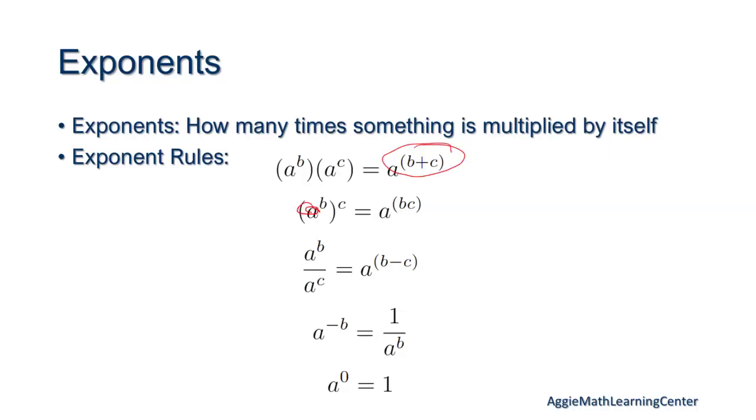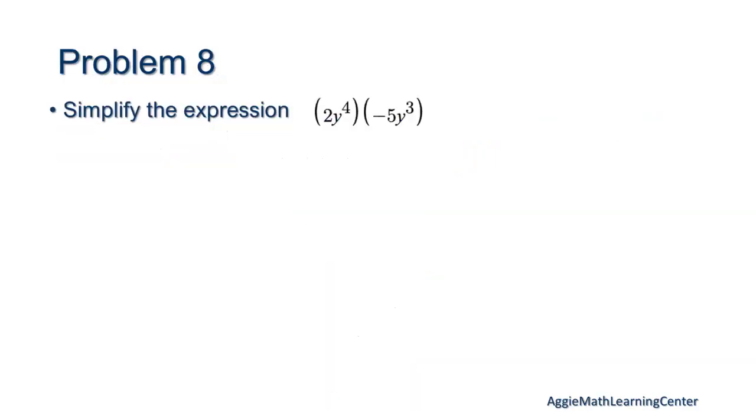If you're dividing something with the same base, and by base I mean A, A is the base here, and B and C are the exponents, you can subtract the exponents. Something to a negative power, you invert it and do 1 over that thing. And this one is very important: anything to the 0 power is 1.